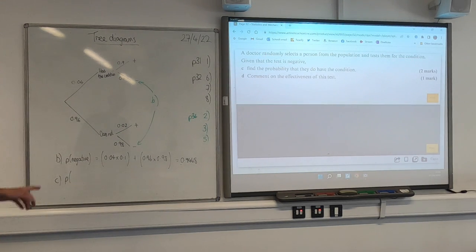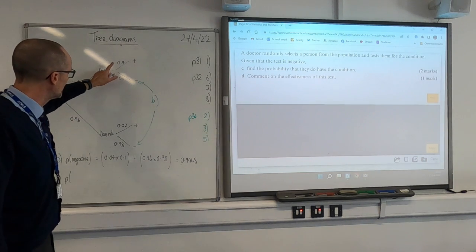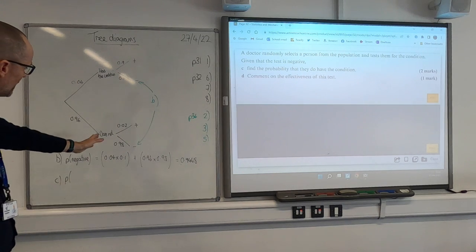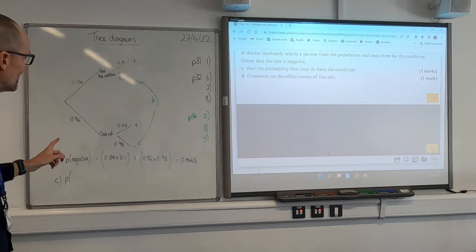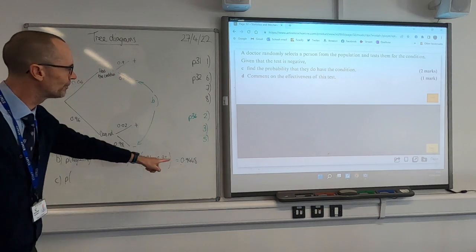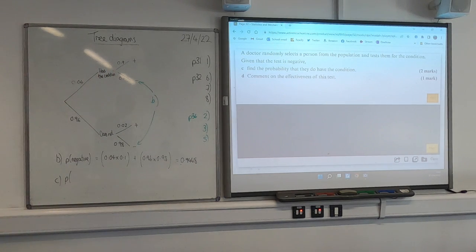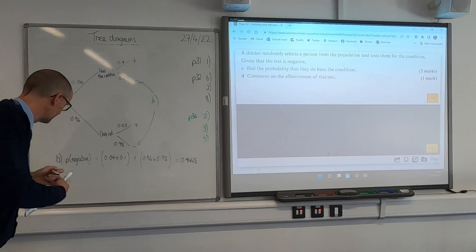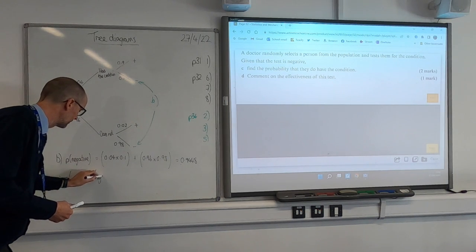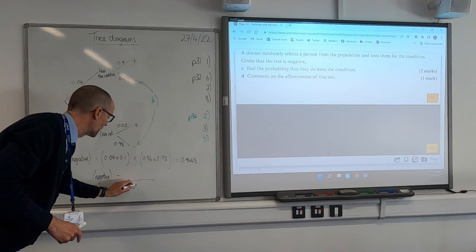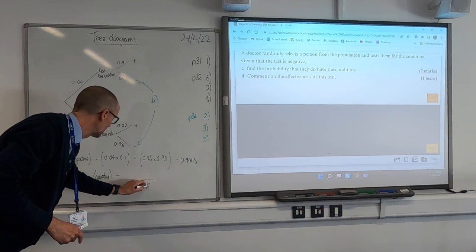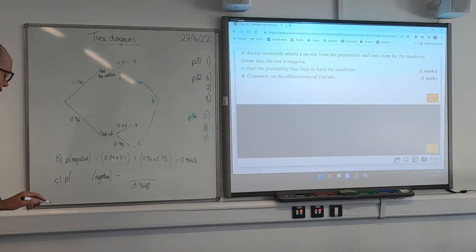And so here's number 8. You've either got the condition or you haven't, 4% chance of having it. If you test with the condition, 90% chance it tests positive, and a tiny chance that you test positive if you haven't. So the probability you test negative, it's those two added together. Given that the test is negative, which we've just worked out, so that's the denominator, what's the probability that they do have the condition?